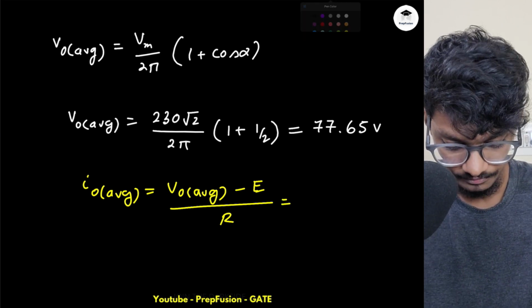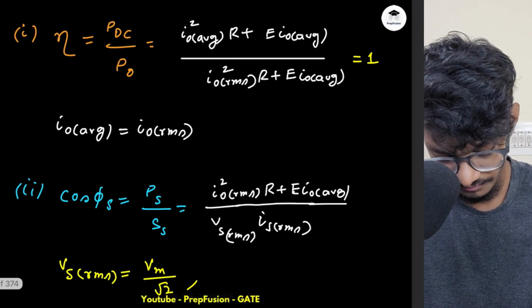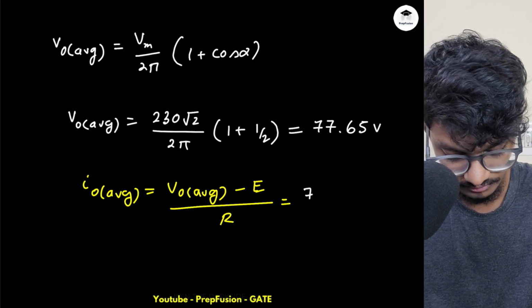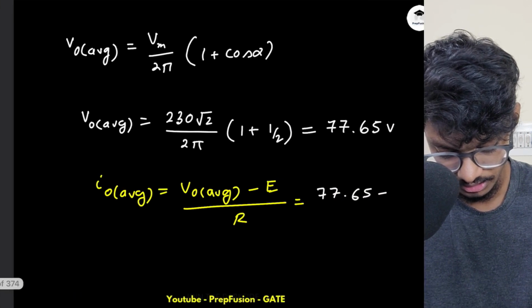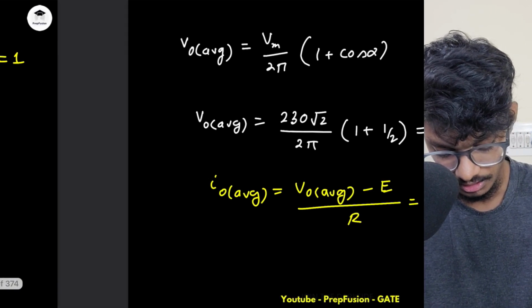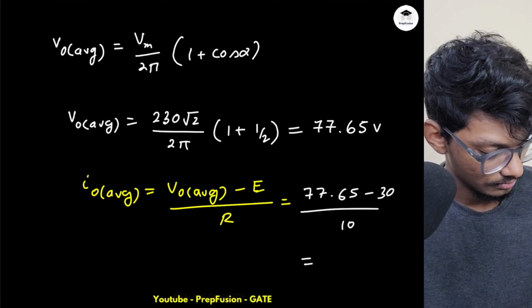So here VO average I've just computed, 77.65 minus E, which is 30, divided by R. R is how much? R is 10, I think. R is 10.